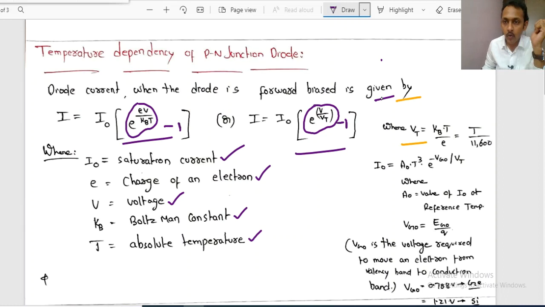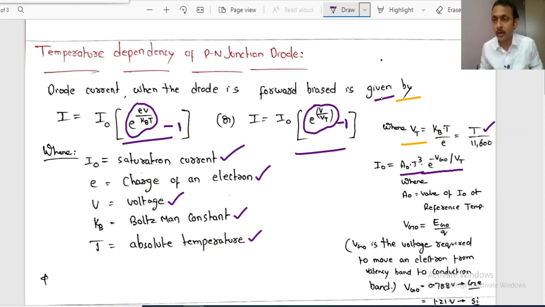Now in this formula, Vt is given by kBT by e. If we substitute the value of the Boltzmann constant and charge of an electron, we get Vt as T by 11,600. Now the I naught value is given by A naught T cube e power Vg naught by Vt, where A naught indicates the value of I naught at some reference temperature.